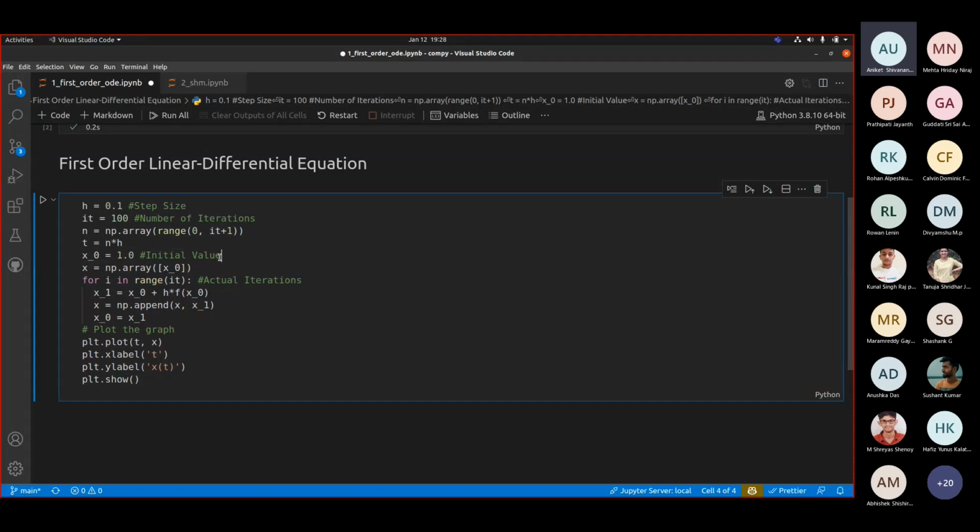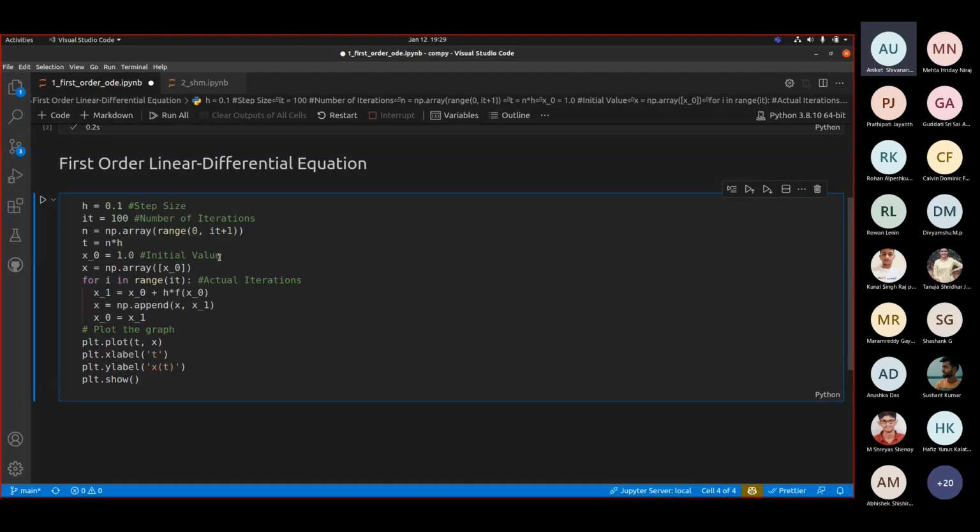Later on in session 4, when we deal with basic partial differential equations, we will see that when it is given on the boundary of space, maybe the ends of a rod or the sides of a cube, it's called a boundary condition. Anyways, moving on. We have initialized an array here, where we have just put the initial value.